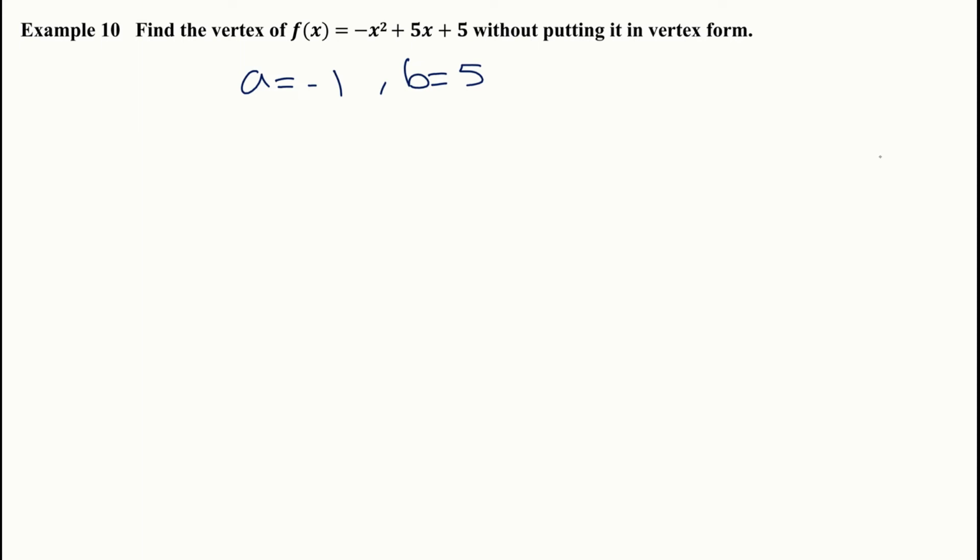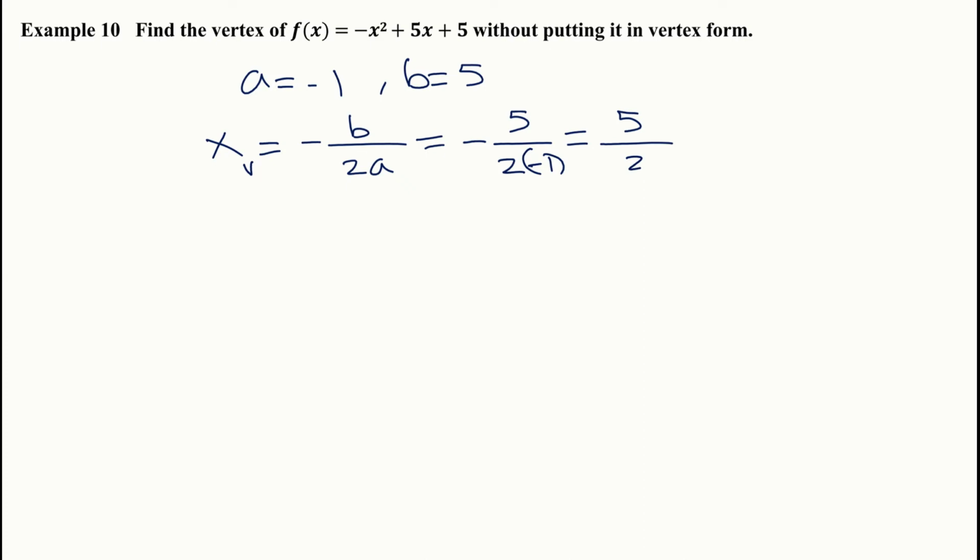Not really, because I know that the x value of the vertex is going to be -b/2a. There's no c in it, right? So we get -5/2 times -1. Now negative over negative is going to give me a positive, and that's just 5/2, right? So there's the x value of my vertex.